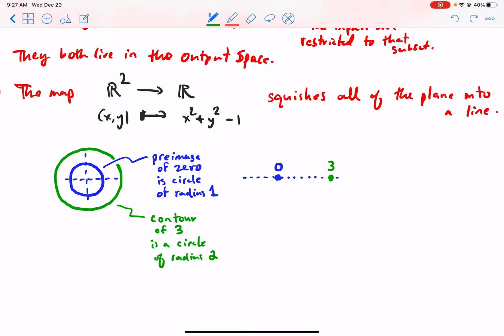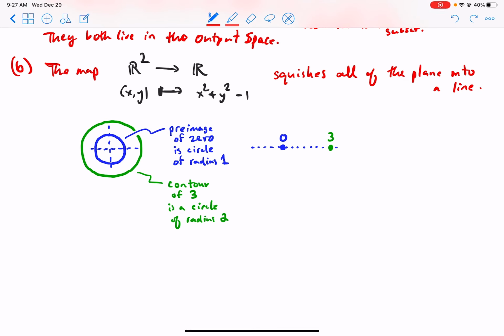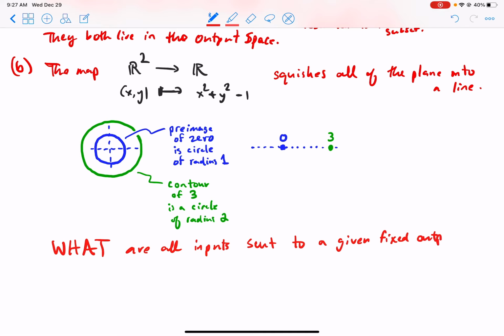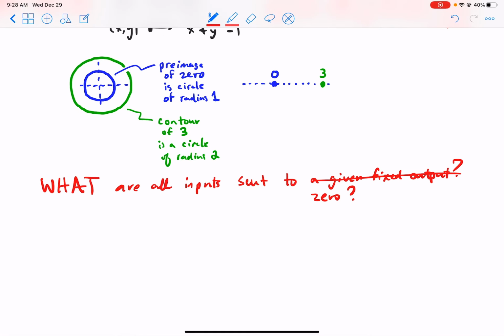Okay, so maybe let's now explain in words. The question we're answering here with preimages and contours is: what are all inputs sent to a given fixed output? And let's even make it more specific. Let's say sent to 0. That's an example. Well, we have a name for this.